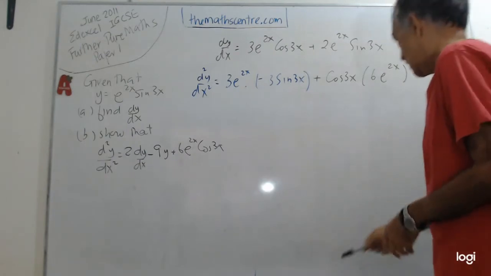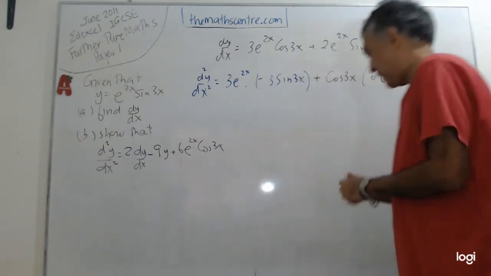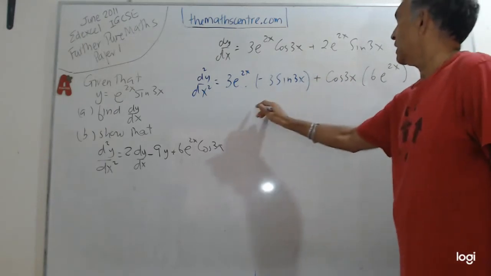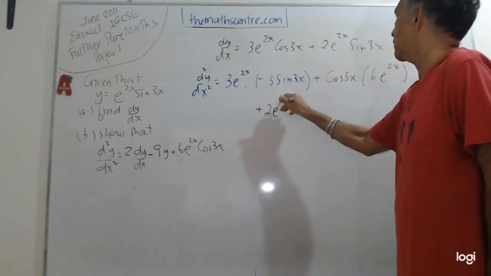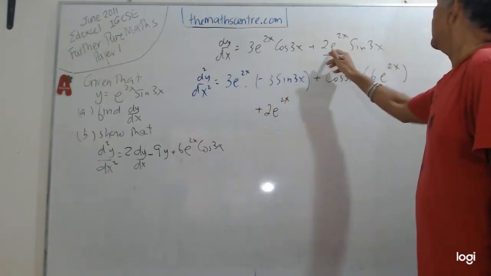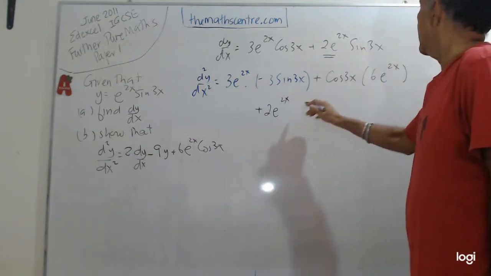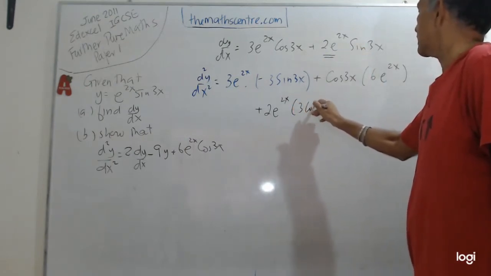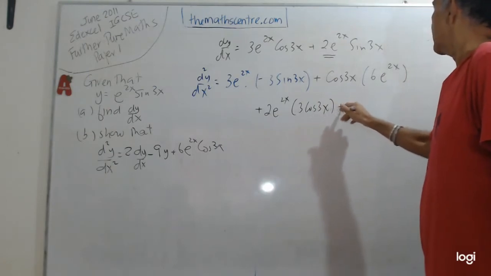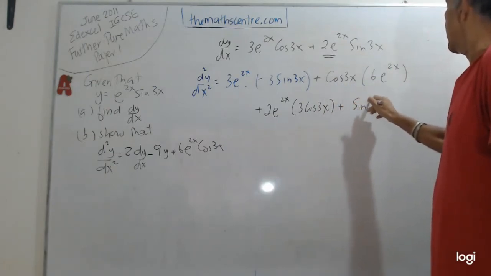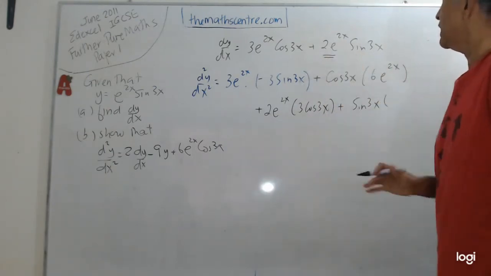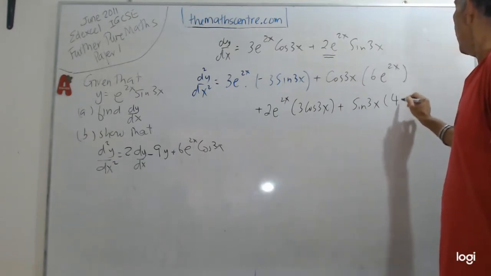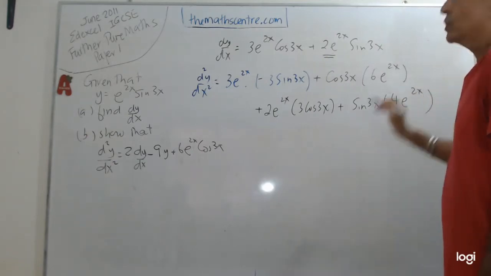After that, let me do the second one. I'll write 2e to the power of 2x, my first term, times the derivative of sine 3x, which is 3 cos 3x, plus sine 3x and differentiate 2e to the power of 2x, which gives 4e to the power of 2x.